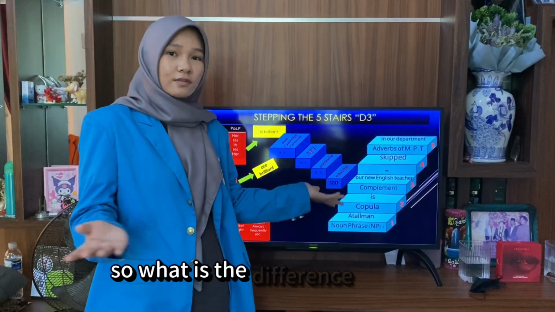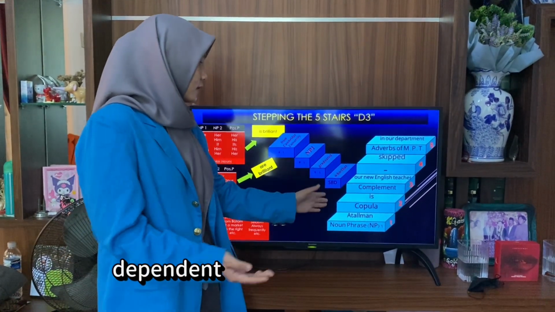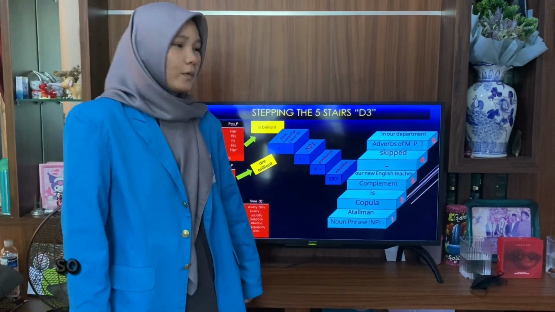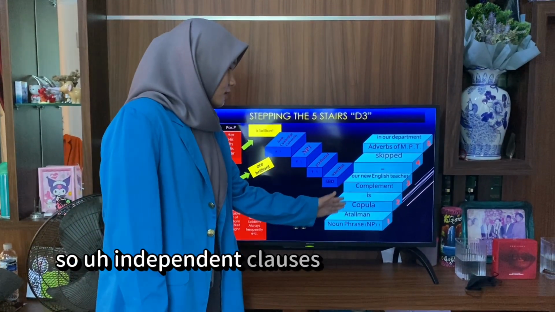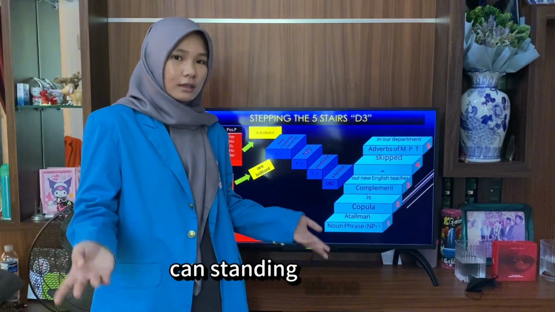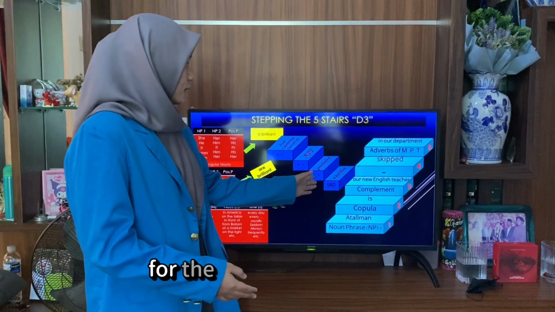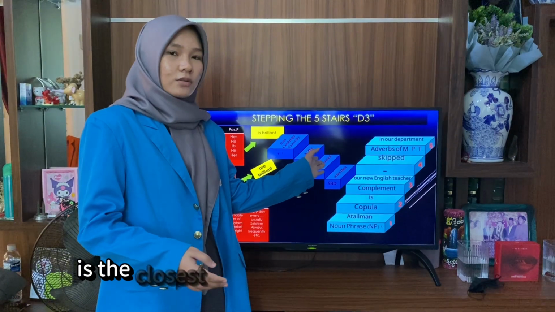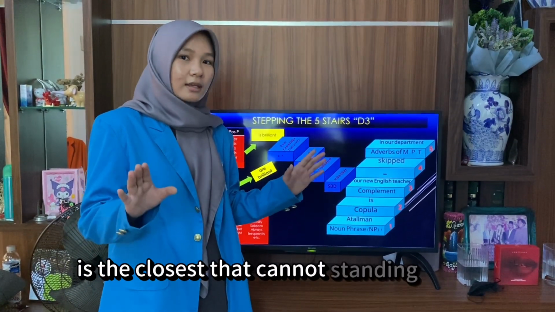So what is the difference between dependent and independent? Independent clauses are clauses that can stand alone. Dependent clauses are clauses that cannot stand alone.